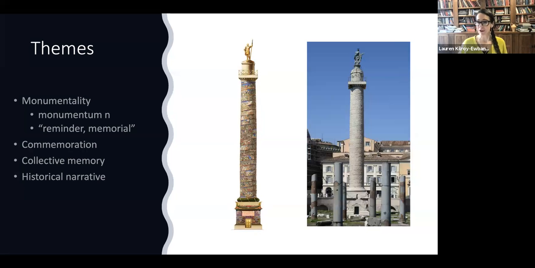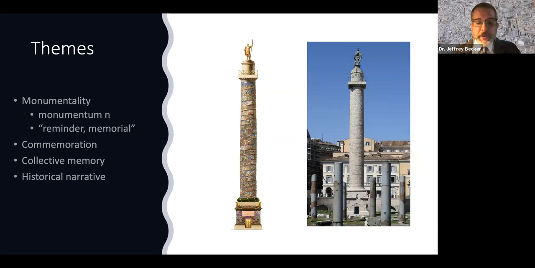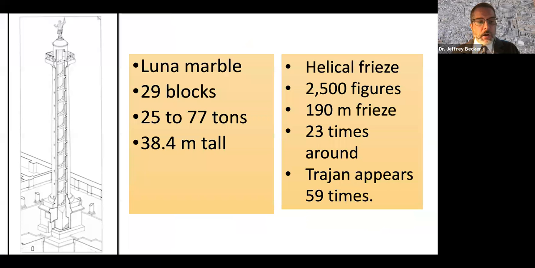We do have one follow-up question that I am also intrigued about, which is, how do you get to the top of the column? Is there an elevator now? Is it stairs? Oh, no, there's a little claustrophobic stairwell, which is the original stairwell. The blocks of Luna marble are hollow in the center, right?